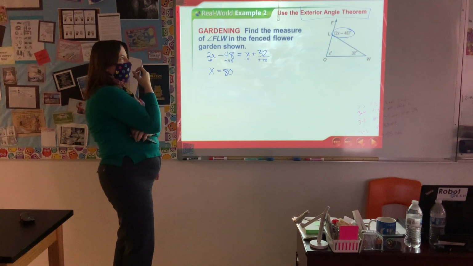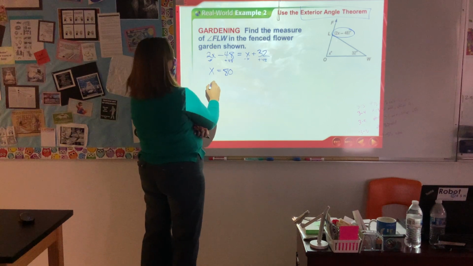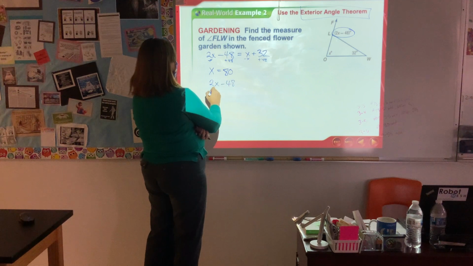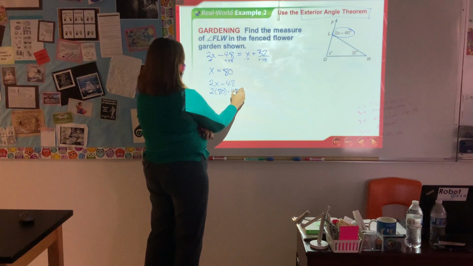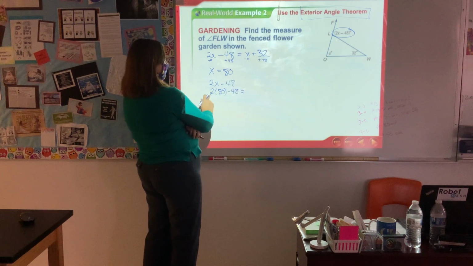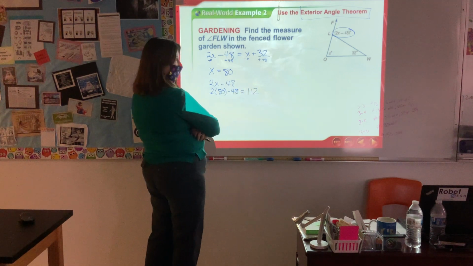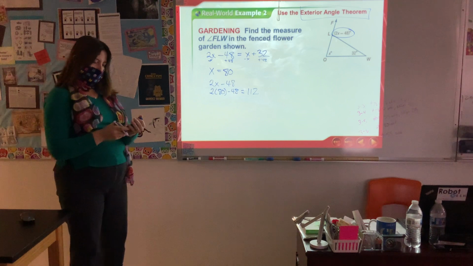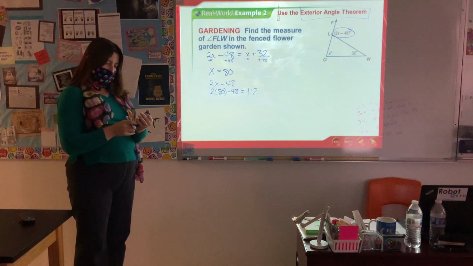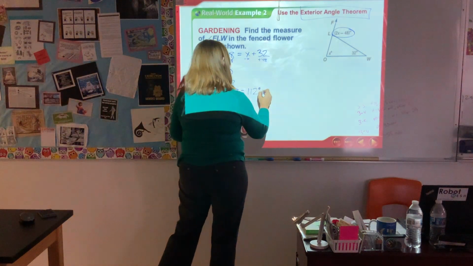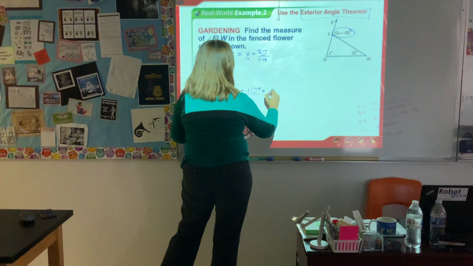Put the x back in. Okay, 2x minus 48. That means it's going to be 2 times 80, subtract 48, which is 160, subtract 48. You get 112 degrees, which is equal to the angle FLW.